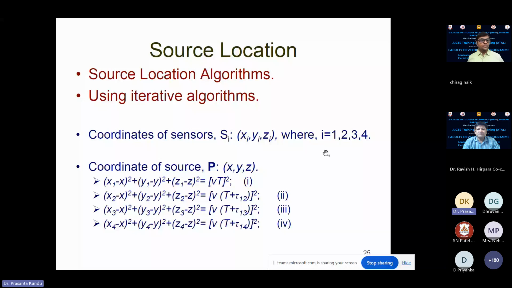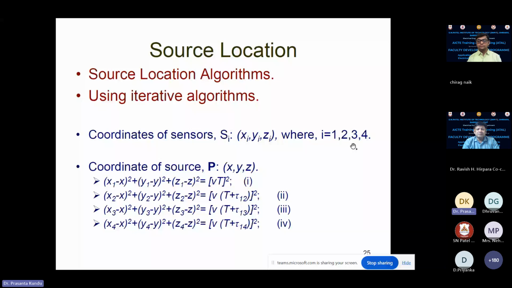You can have more than 4 sensors also, but minimum 4 is necessary. And each sensor's position coordinates we specify as xi, yi, zi. This is the 3-dimensional coordinate of the 4 sensors. Now the location coordinate x, y, z is unknown, which you have to determine.